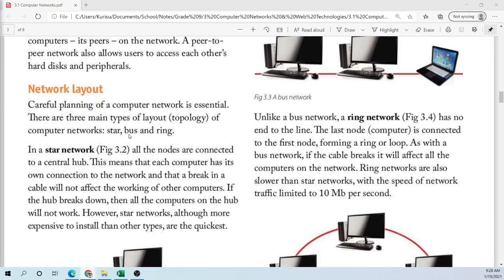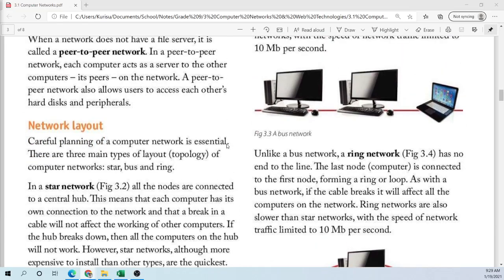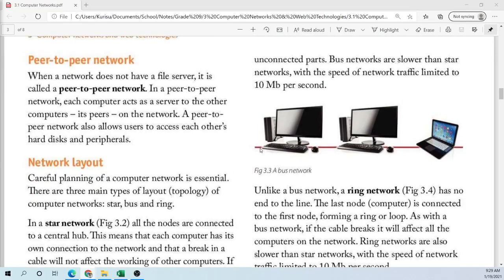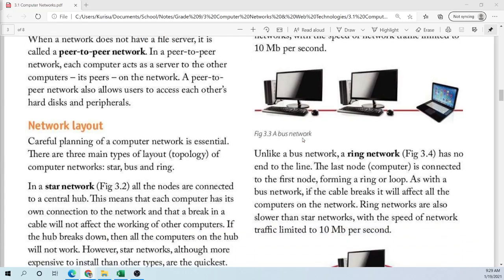Now a bus goes in a straight path, in a line. So if you look at the diagram here, figure 3.3, you will see all the devices are connected one after each other. So this desktop is connected to this desktop, then this desktop is connected to this laptop here. They're connected in a straight line, like how a bus would go across a path.